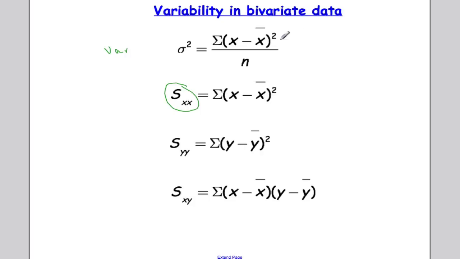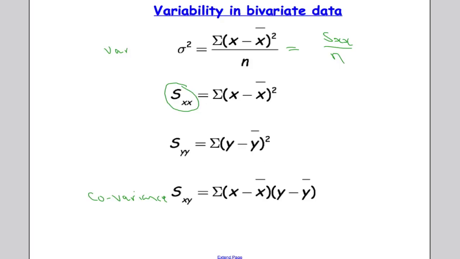So this top bit is actually Sxx over n. We can do that with the y variable, and we can also work out what's called the covariance. Covariance is the variance of x with respect to y, and that's calculated using this.